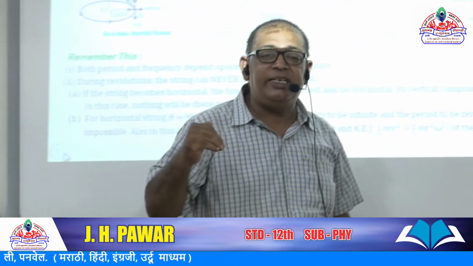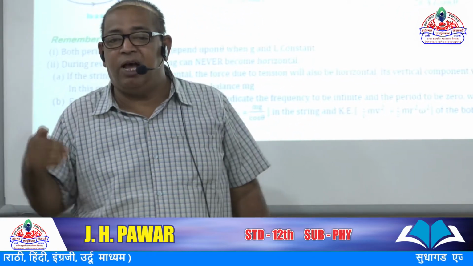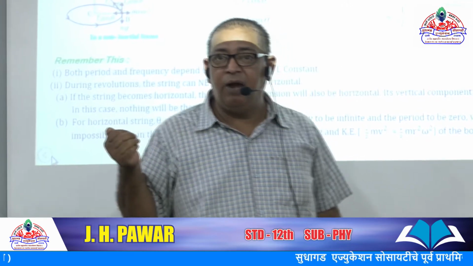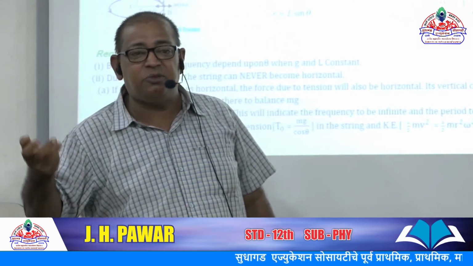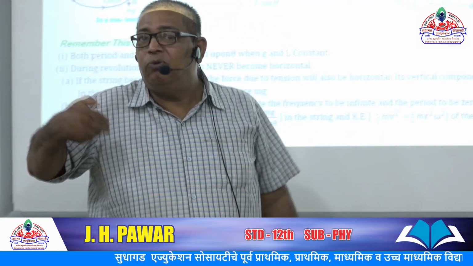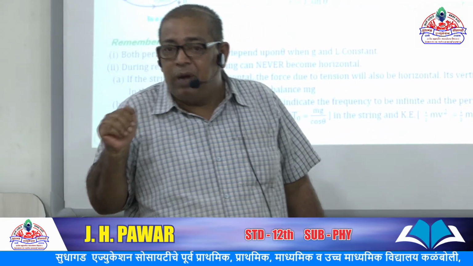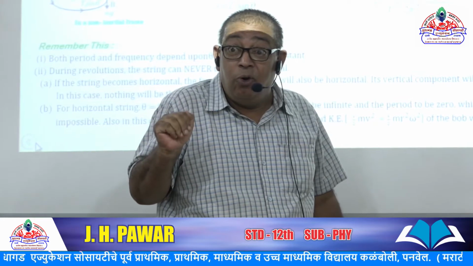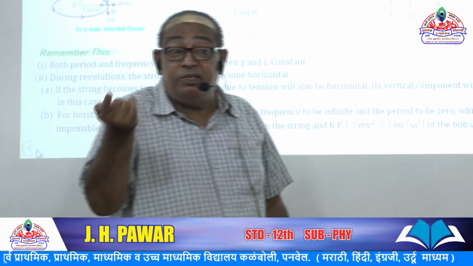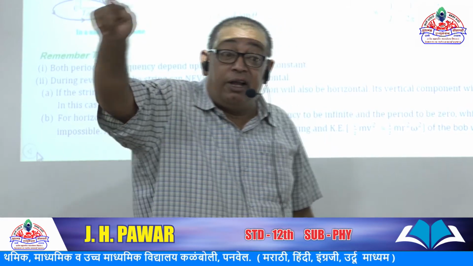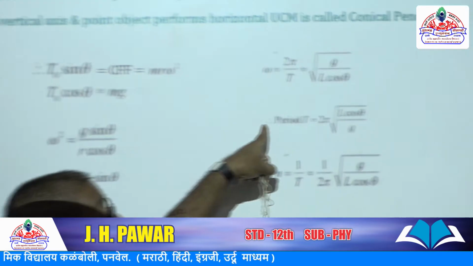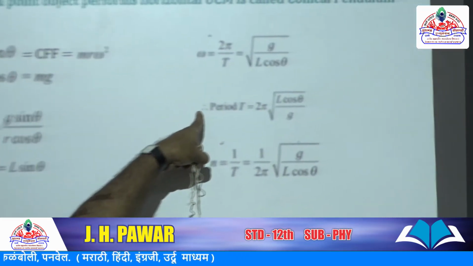But when we change the place, say we go to Pune, which is near the equator, we know that at the equator G is small. So at Pune G is small compared to Kalamboli. When you revolve this pendulum there, G decreases, and as G decreases, the period increases. It takes more time.